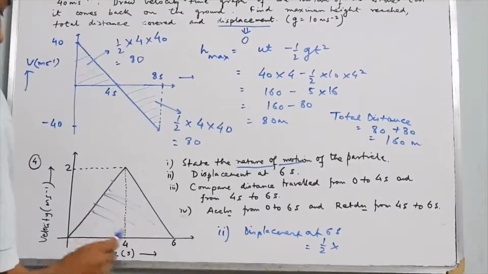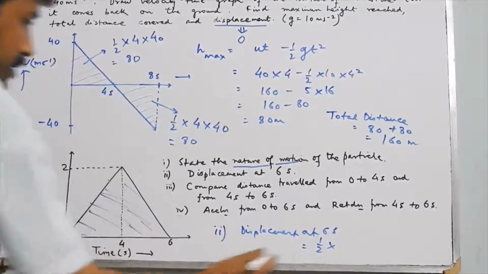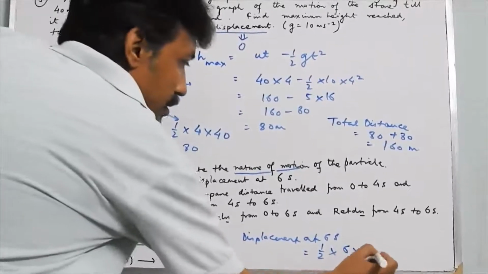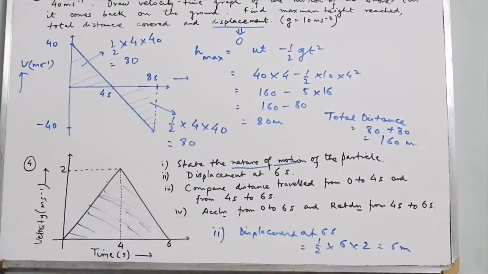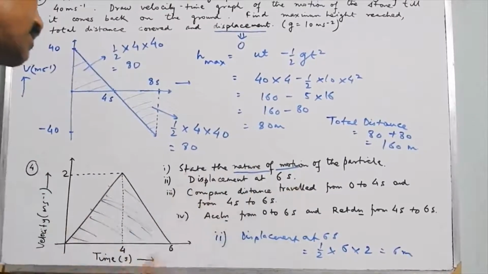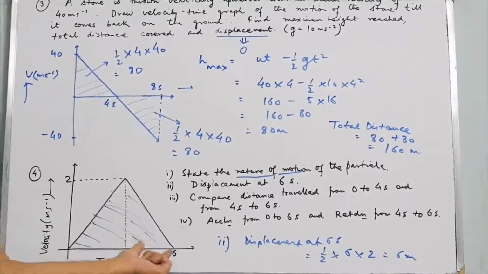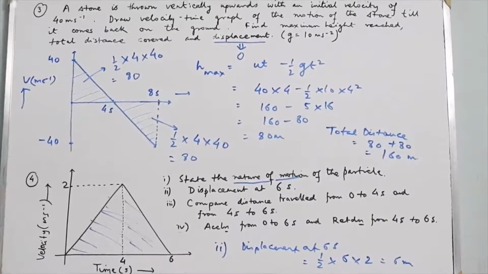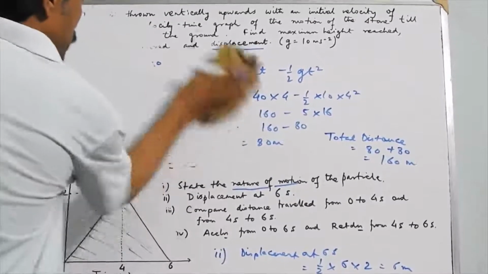This is a triangle, so half into base 6 into height 2, that is 6 meters. So 6 meters is the displacement at 6 seconds. Now it is asked to compare the distance traveled from 0 to 4 seconds and from 4 to 6 seconds. So again we have to find the area of the first triangle and the second triangle and compare them. That means you have to find the ratio.